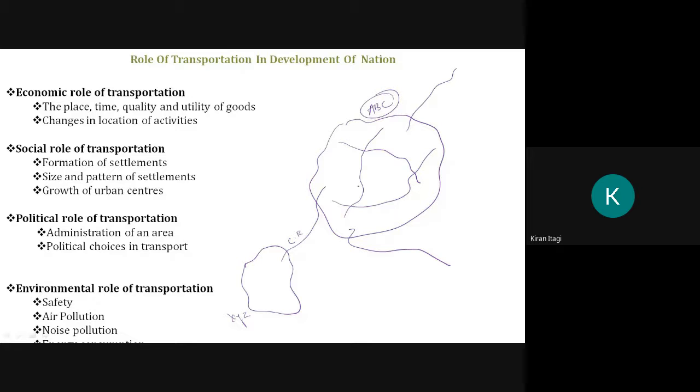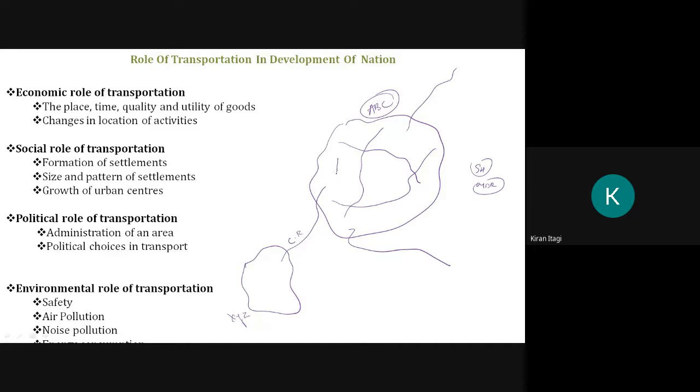Here you can see these lines I have drawn are the roads. If we have good roads, or you can call them a state highway or major district road, etc., the person can travel easier, and the time consumed will be less.